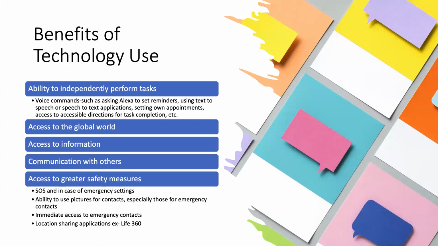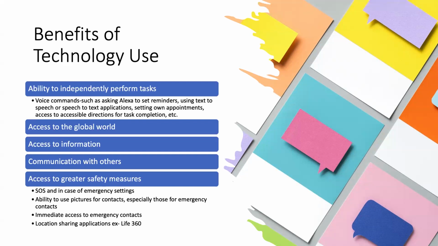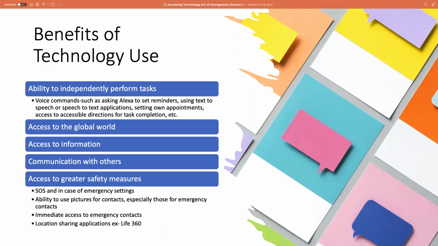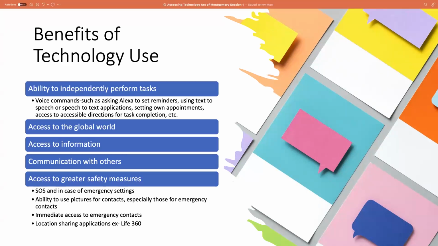A cool thing that I just started doing with some of the people that I work with is using pictures for your contacts. We all have little pictures in our little circles. No matter what phone you use, there's a picture next to your contact. So I had a mother actually say, you know, 911 is easy to dial, but I want immediate access for my child if that has to happen.